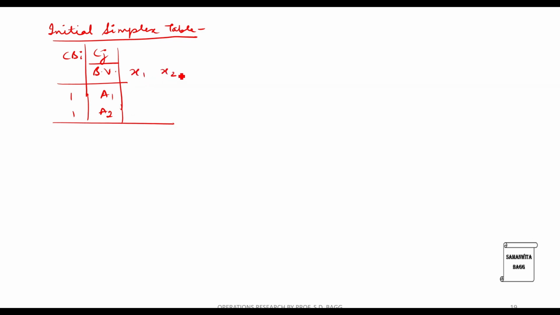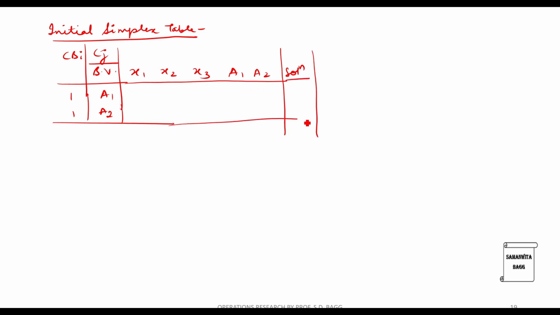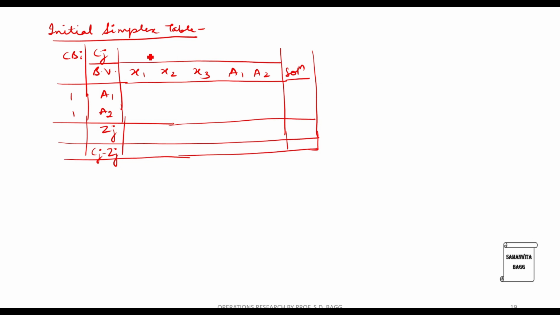Here I'll have x1, x2, x3, a1, a2. The coefficient in the equation of w is 0 and these two are 1.